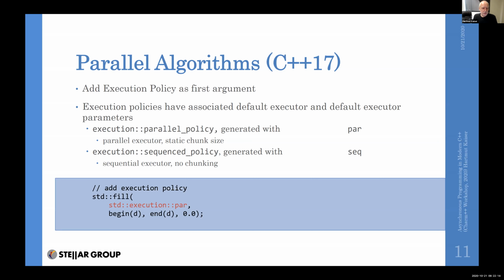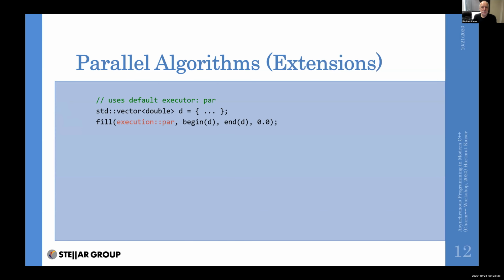Now, you might say, this is still fork join parallelism in the same way as OpenMP, which introduces a barrier after the execution. This mode of operation still introduces that barrier. And that's one point where we have tried to extend the things in the standard in HPX, and I will give you an example for that in a second.